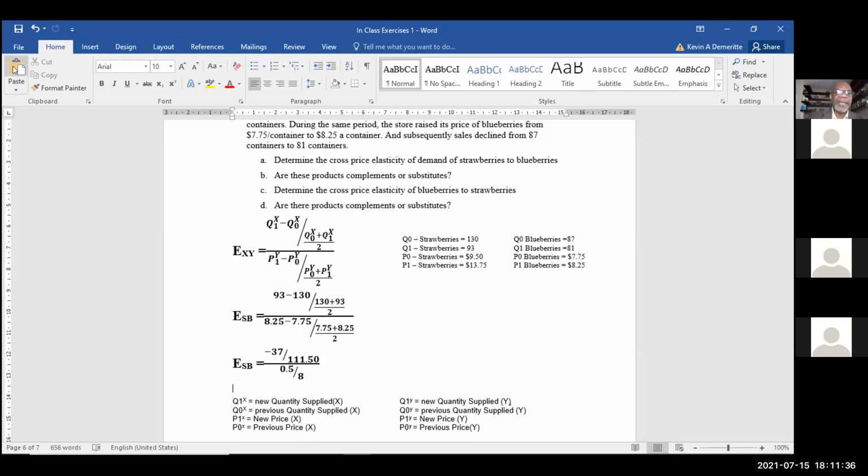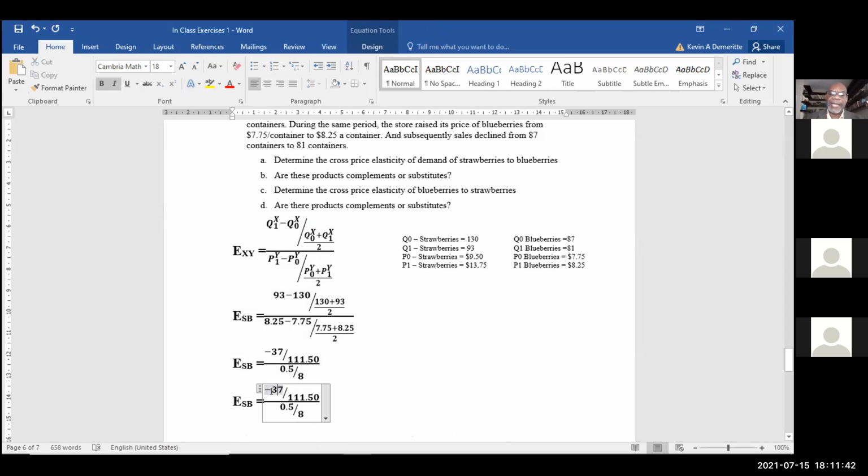So it's negative 0.3318 for the top. Hang on, let me see if I understand what you did. 37 divided by 111.5 is negative 0.3318.